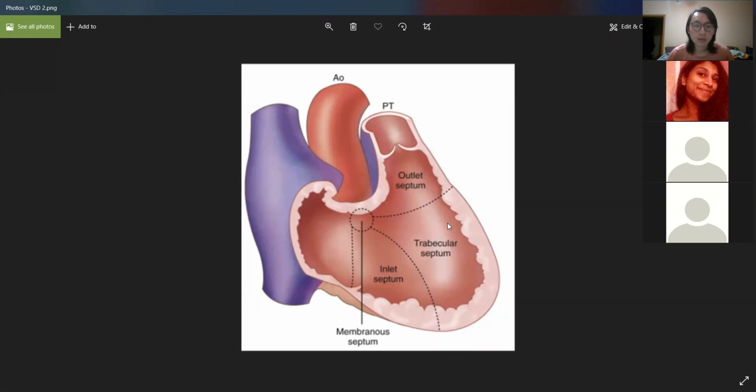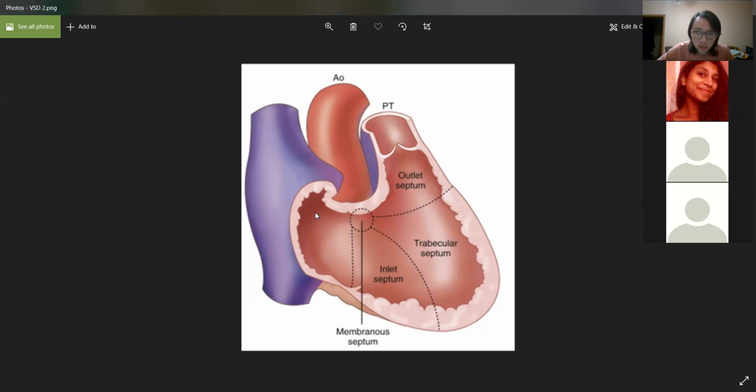With that said, before we go to types of VSD, we need to understand the parts of the intraventricular septum. You see over here, outlet. Why it's called outlet is because this is where it exits. This part over here, trabecular. This part over here, inlet. Why is it called inlet?